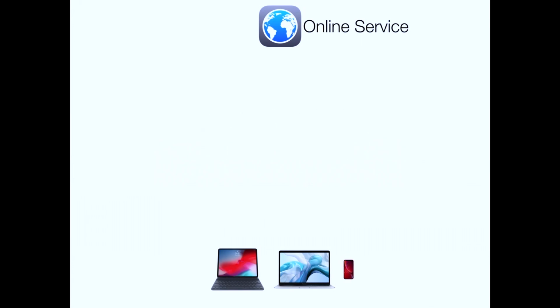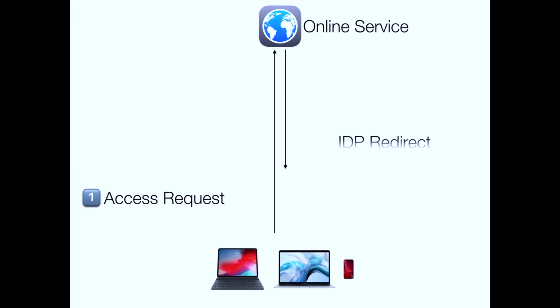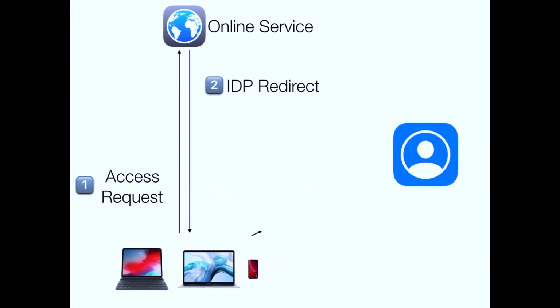SAML, if we take a snippet of what SAML is, it's a modern authentication protocol where basically when your user uses a device to reach an online service, an access request is done at some point, but the remote server, the service provider, will return a redirect request telling the endpoint to redirect the user to the identity provider to do an authentication request.